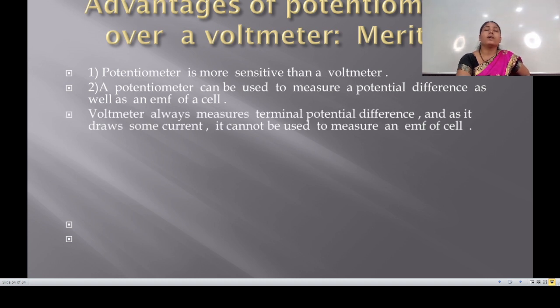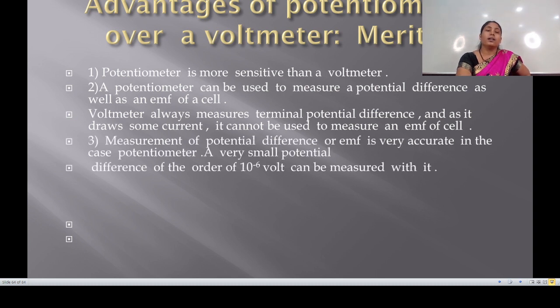A voltmeter always measures terminal potential difference, and as it draws some current, it cannot be used to measure the EMF of a cell. Third, measurement of potential difference or EMF is very accurate in the case of the potentiometer.